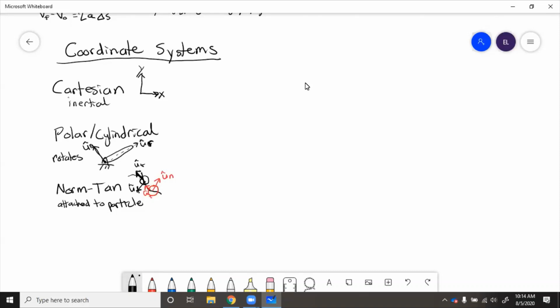So equations for these: position, velocity, and acceleration. Position for Cartesian, r equals x in the i plus y in the j plus z in the k.